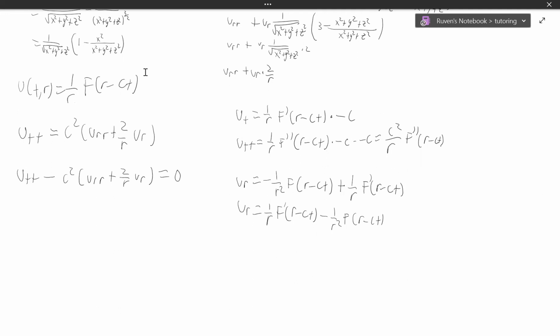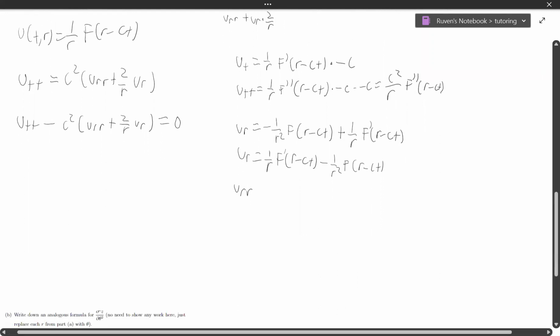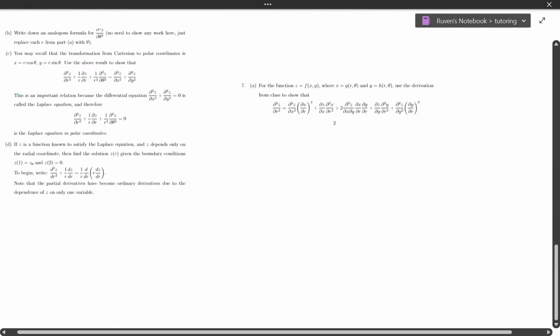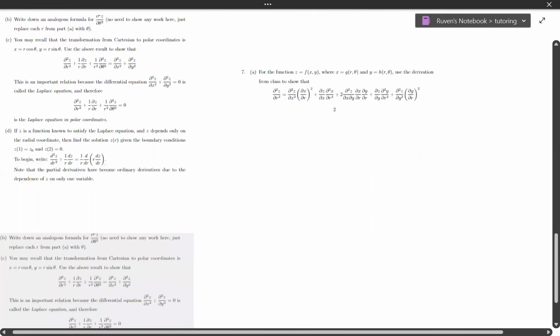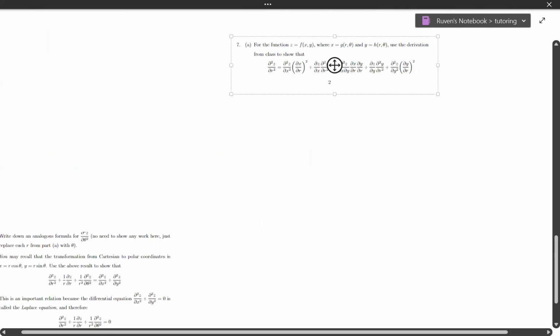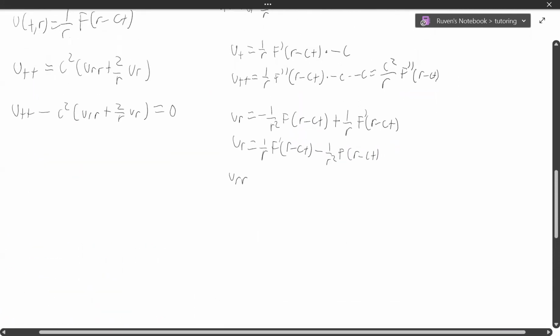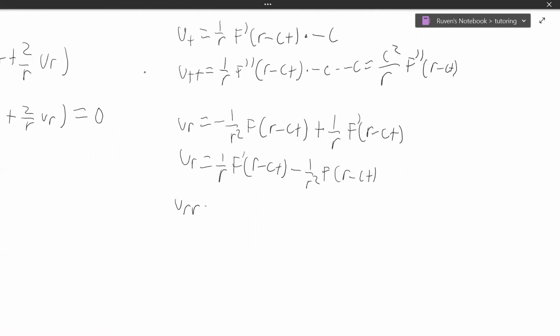Okay, now comes the even more annoying part. We need to take the second derivative of y. This is what you guys are getting a sneak peek for the next question, but you all probably know it. I'm just going to make some more space over here. So it equals negative 1 over r squared times f'(r minus ct) plus 1 over r f''(r minus ct).